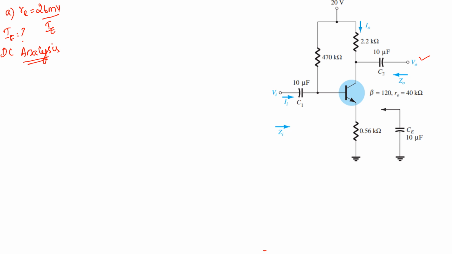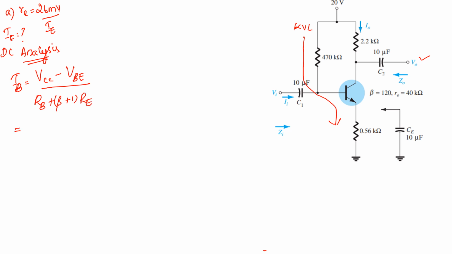When you apply the input loop equation, KVL across the input loop, from this you have to calculate the value for IB, right? So you know that IB will be equal to VCC minus VBE divided by RB plus beta plus 1 into RE. Right.